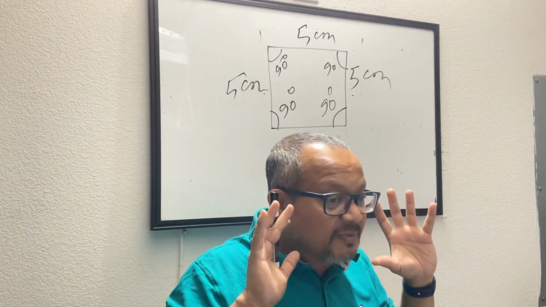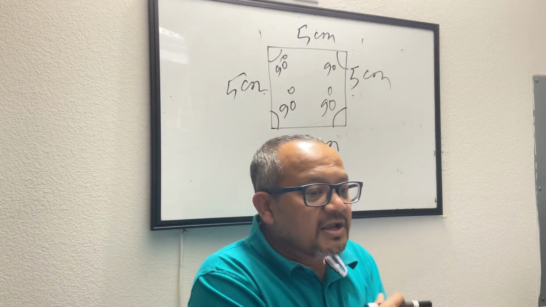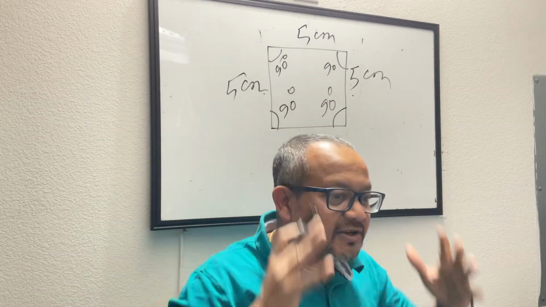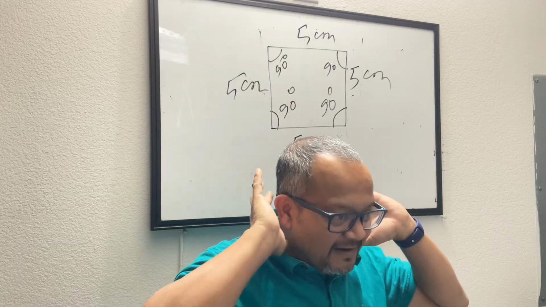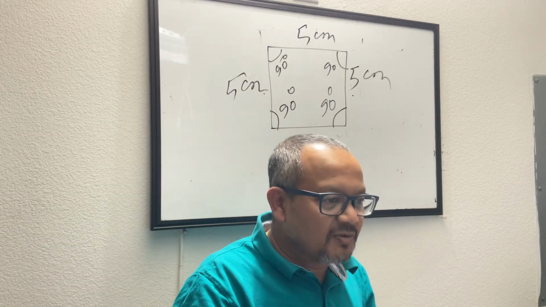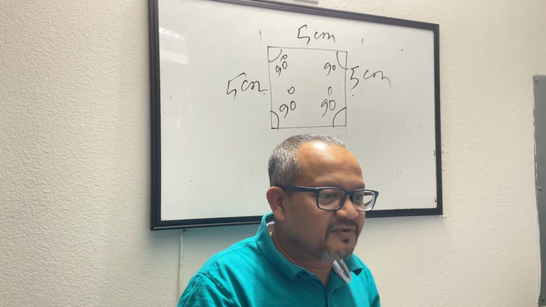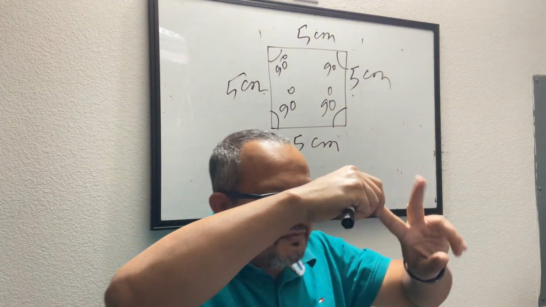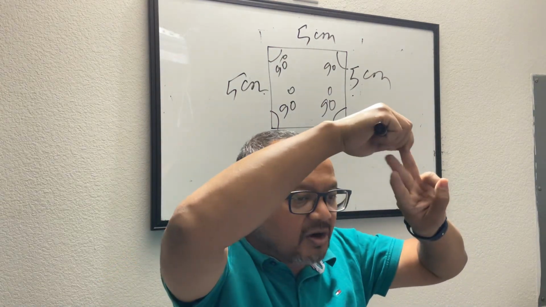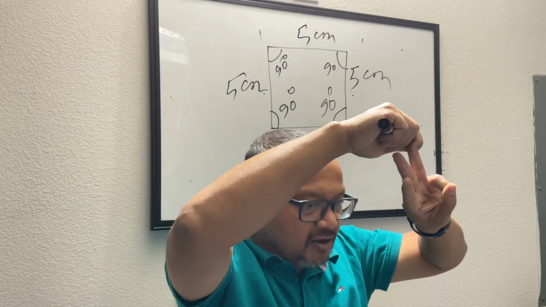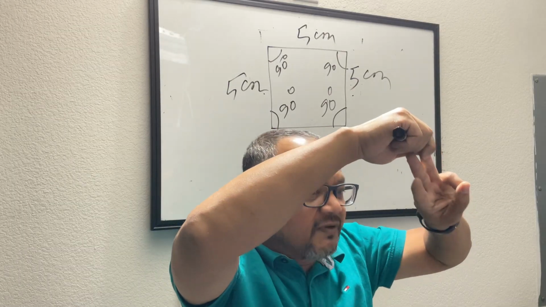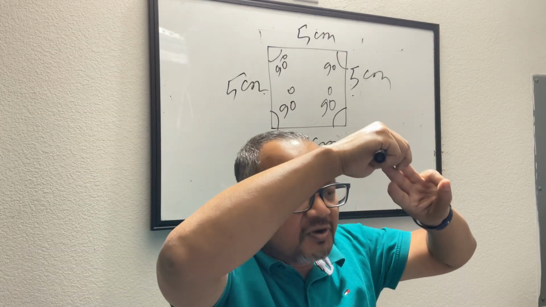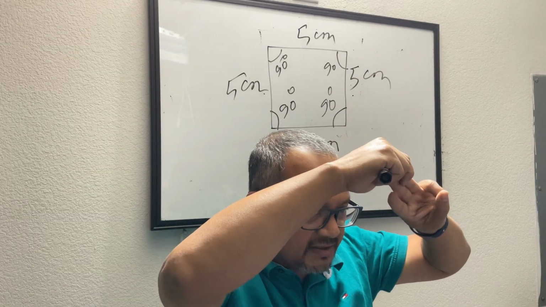That's why I'm spending more time on the shapes. You have to get a picture of that in your brain. Tomorrow if you have to play with it, you can play with it with fun. So we talked about rectangle, square, and parallelogram, and what we understand by parallel lines.